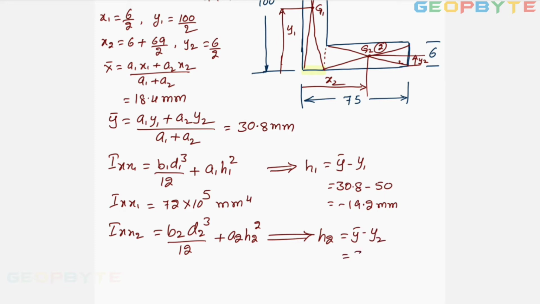Here y bar is 30.8 minus y2 3 equal to 27.8 mm. You put all these values for getting Ixx2 equal to 3.2 into 10 power 5 mm power 4.